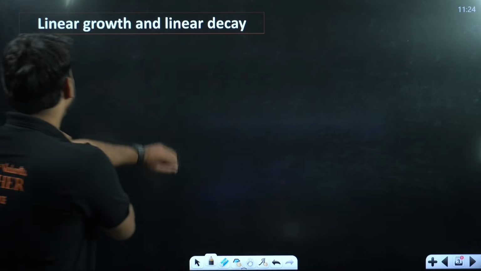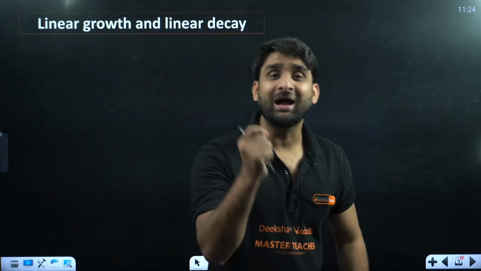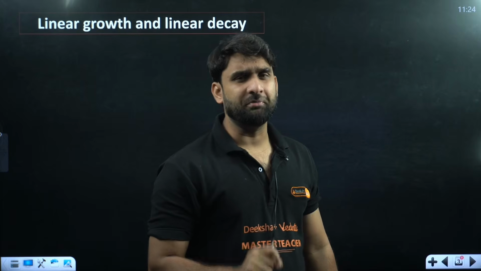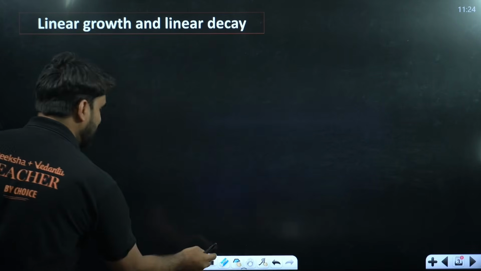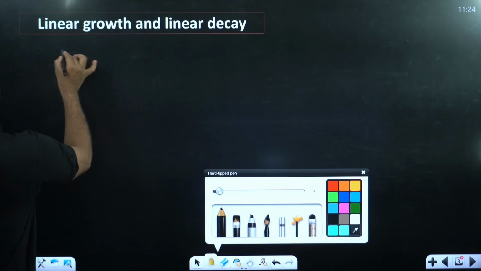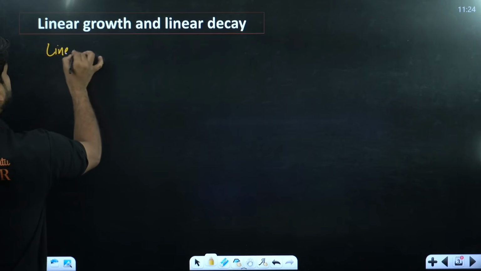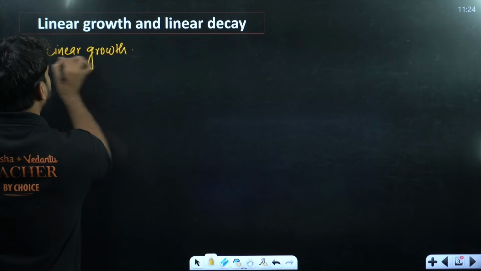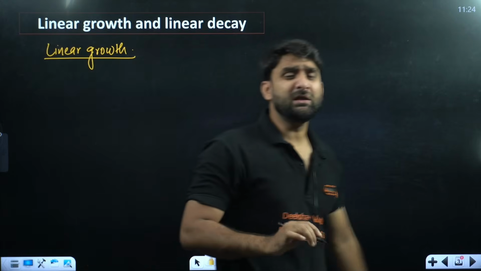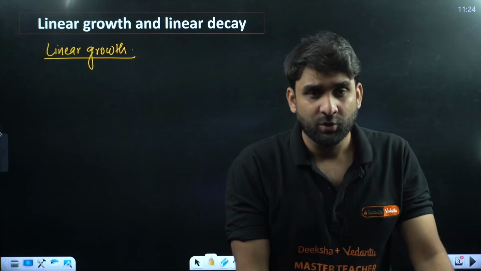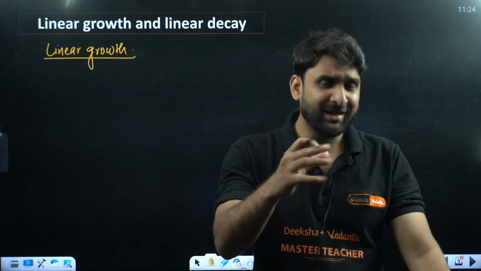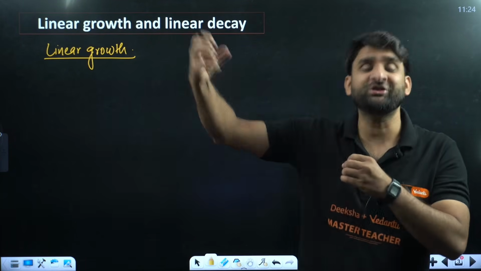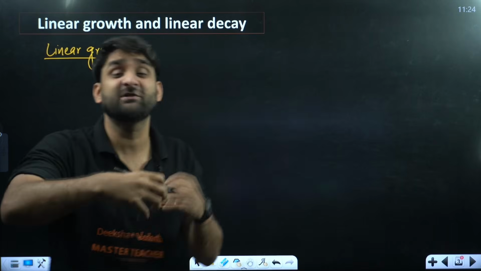Here we are talking about linear growth and linear decay. What does it mean? Let me explain this topic by taking an example. First, linear growth. Linear growth indicates that anything is increasing steadily, linearly, with a constant rate.